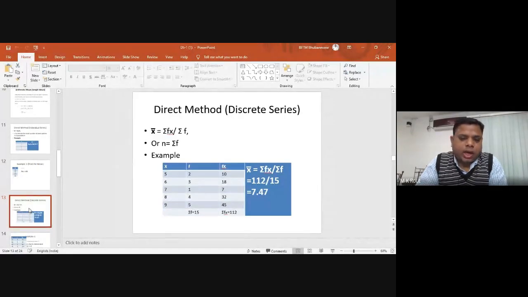In this regard, you can calculate summation of fx, that equals 10 plus 18 plus 7 plus 32 plus 45, that equals 112. So you already have the values, summation of fx along with summation of f. By putting this data in the formula, that is 112 divided by 15, that equals 7.47 in case of discrete series. Then moving to the next one.